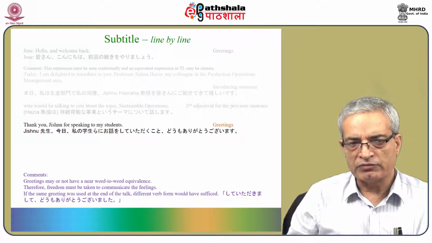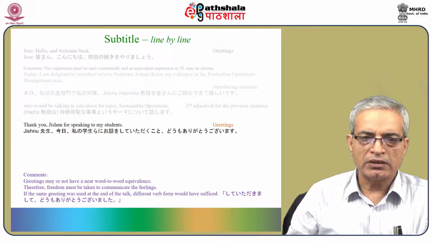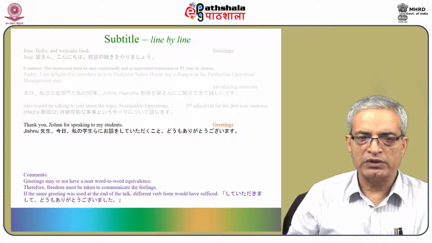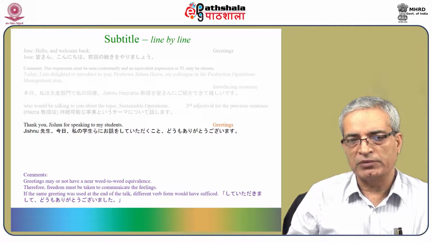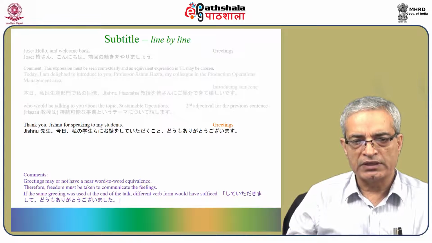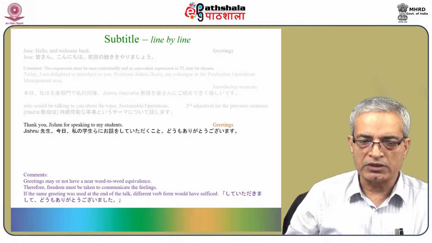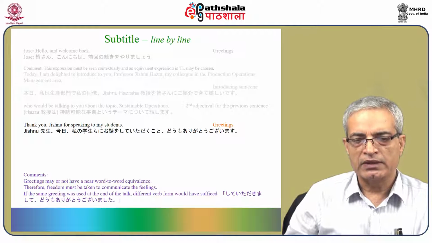Now this we have talked about earlier also. So greetings may or may not have a word-to-word equivalence. That means you will probably have to pick up an equivalence from the target language, the way it is said in the target language. Therefore, freedom must be taken to communicate the feelings which are provided in the greeting.